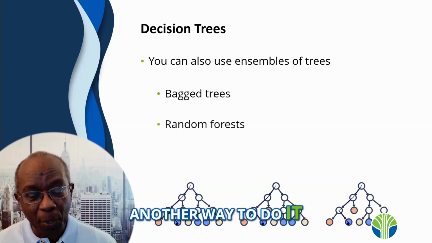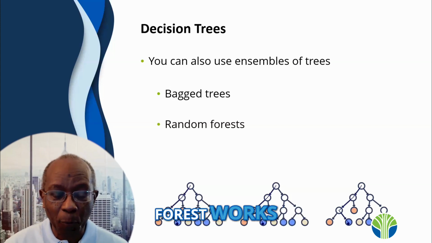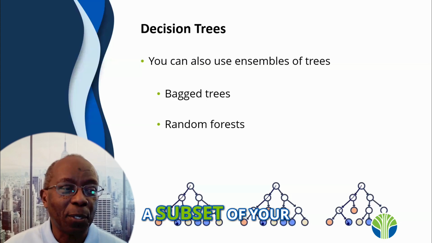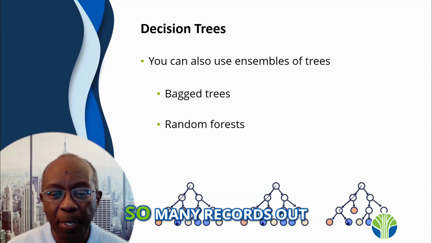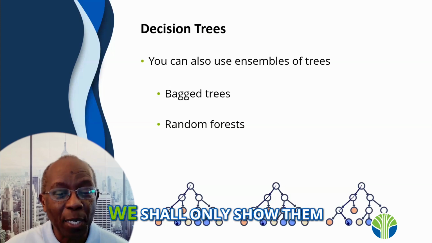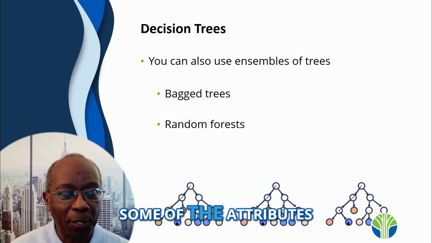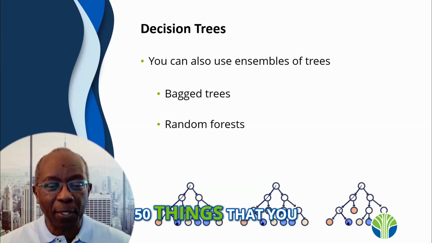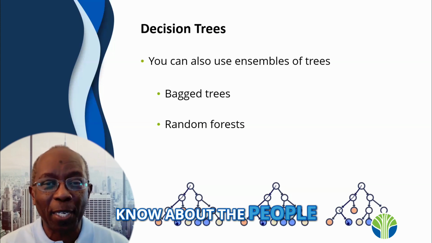Another way to do it, which is how random forest works, is to say, all right, we'll give each tree a subset of your data records. We'll give them so many records out of your 1 million records, but we shall also have another restriction. We shall only show them some of the attributes. So imagine you have, say, 50 things that you know about the people trying to get a loan.